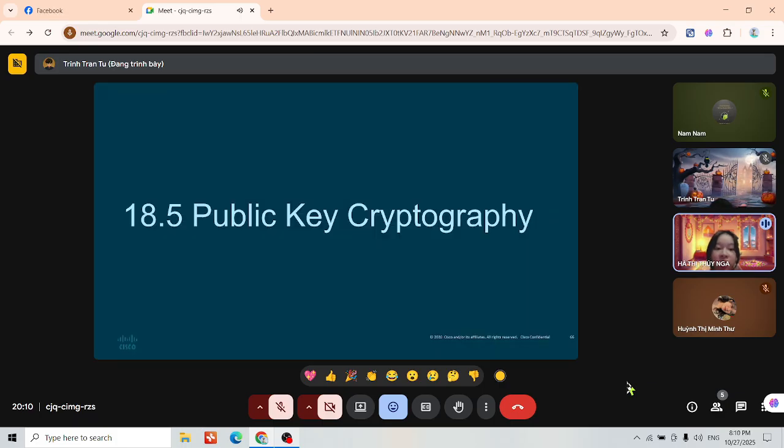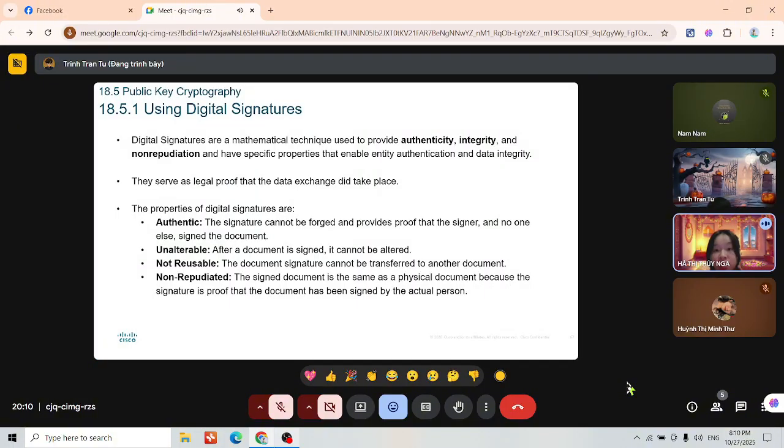Now let's move on to part 18.5 Public Key Cryptography. In this section, we will explore digital signatures, a real-world application of asymmetric encryption. Part 18.5.1 Using digital signatures.